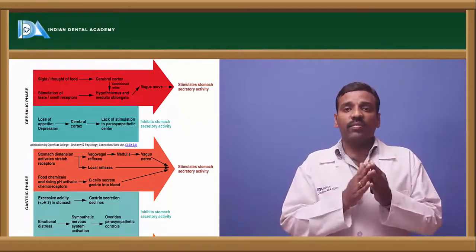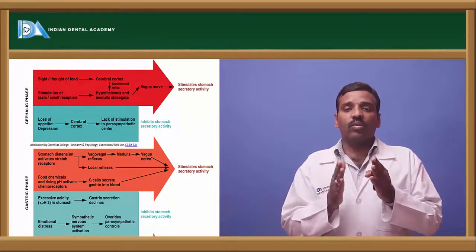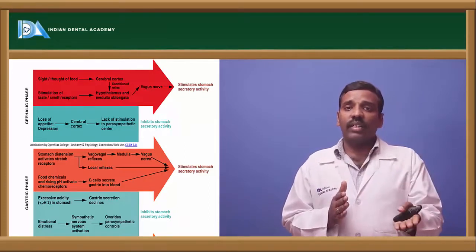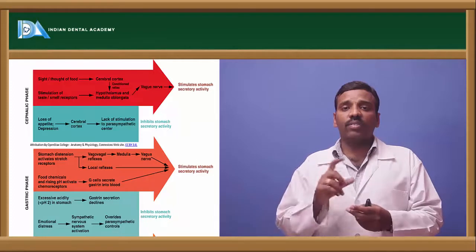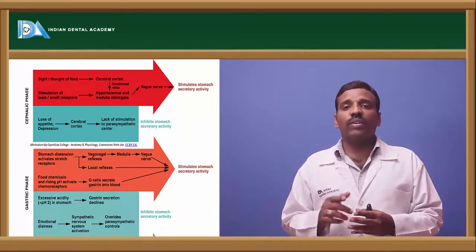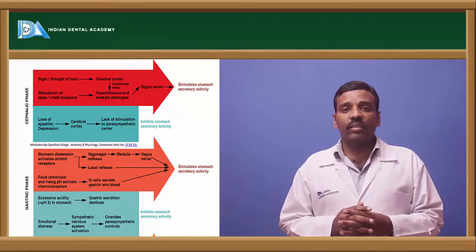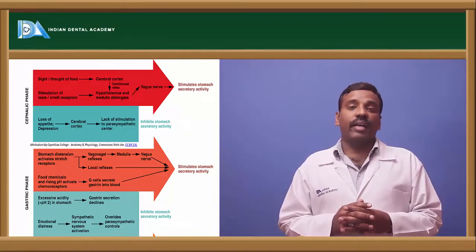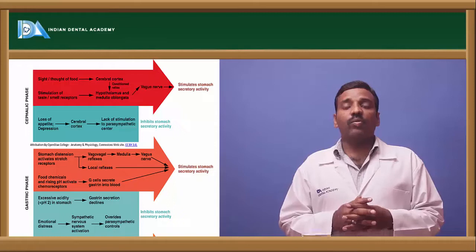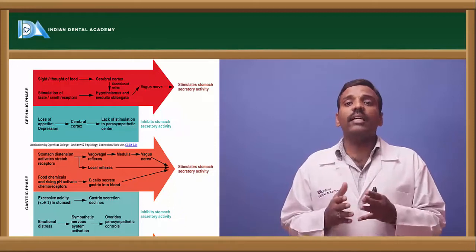So the cephalic phase is divided into conditional and unconditional reflexes, in which stimulation of the vagus nerve causes secretion of gastric juice. Next is the gastric phase, when the bolus enters into the stomach.